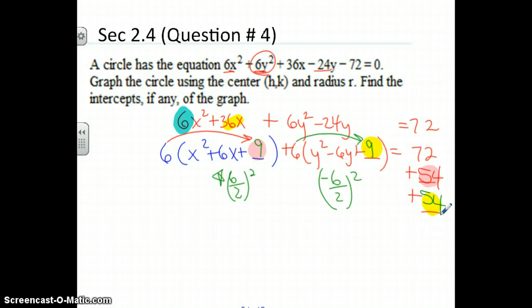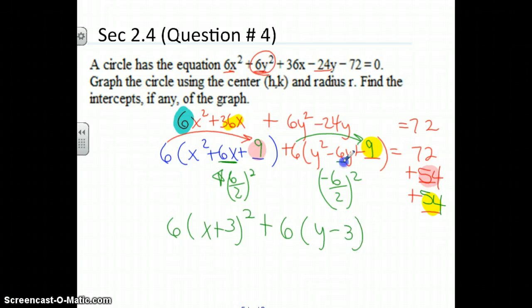So over here I have 6 times x plus half the middle term, 3, quantity squared, plus 6 times y minus 3, again half the middle term, quantity squared, is equal to 180.